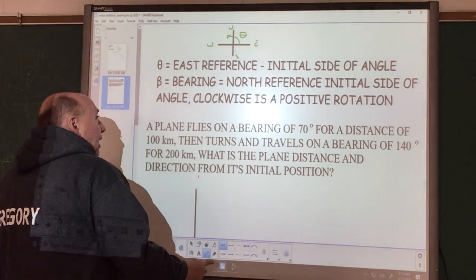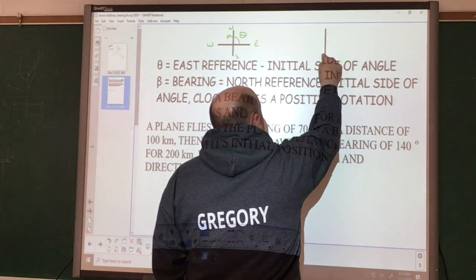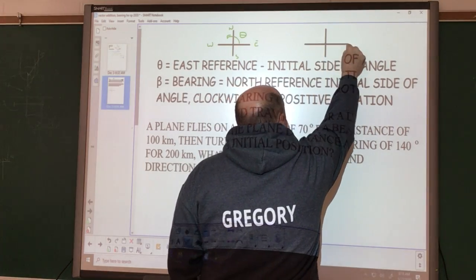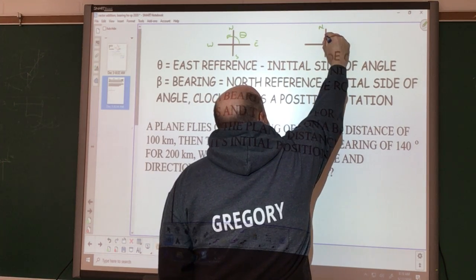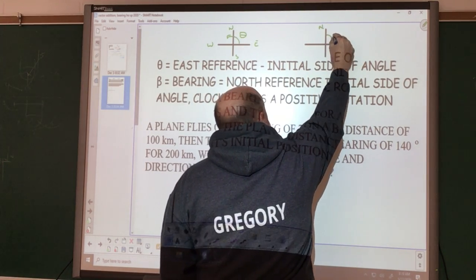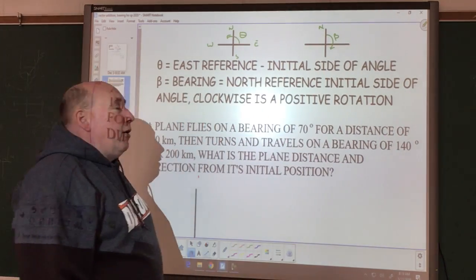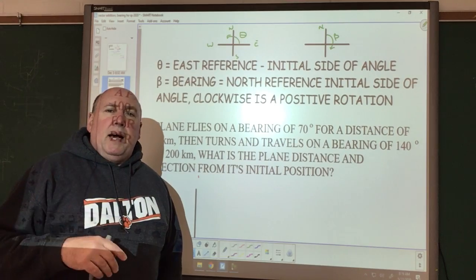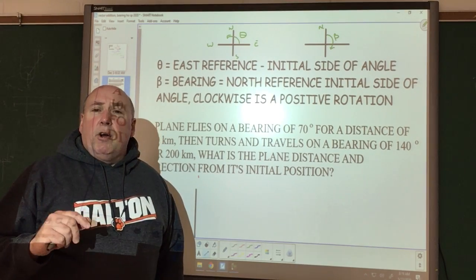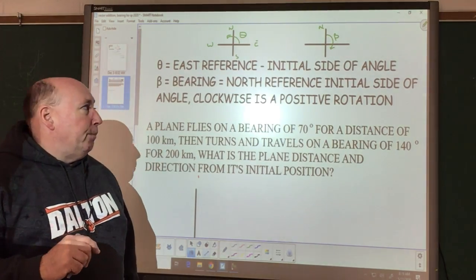Once again, you have a north reference here. And you're going to be rotating clockwise. And this is bearing. Now, there is no negative bearing. Everything is a positive bearing, and it stays between 0 and 360 degrees.